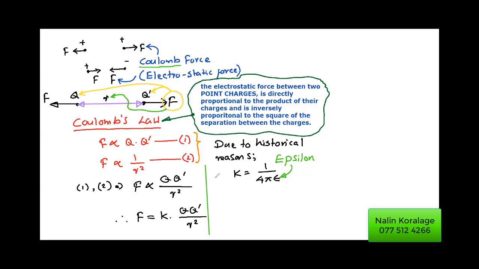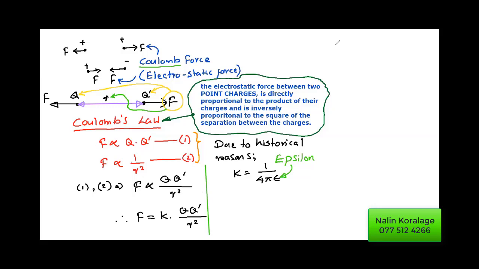Okay, fine. So therefore, K was written as 1 over 4 times pi epsilon. And one important thing: epsilon is one of the physical parameters which depends on the surroundings of the electric charges.